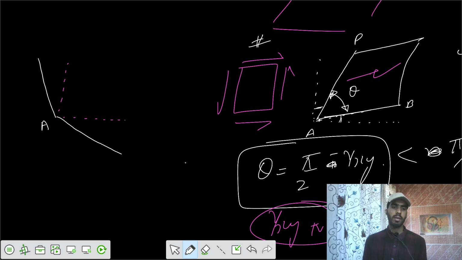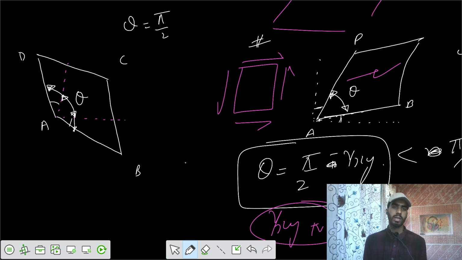Let's say this is A, B, and this is D, and C is somewhere here. This is theta 1, this is theta 2, and this is the overall theta. So theta equals pi by 2 plus gamma xy, so it's greater than pi by 2. That means the shearing strain is negative.